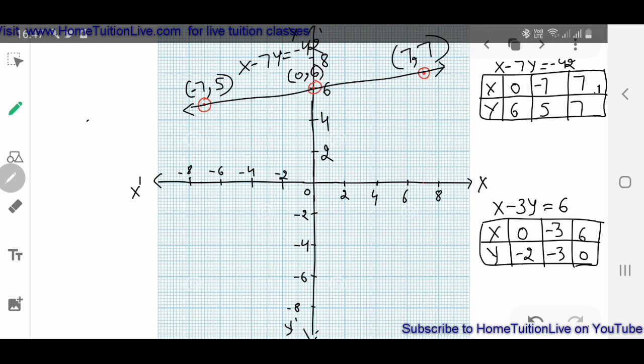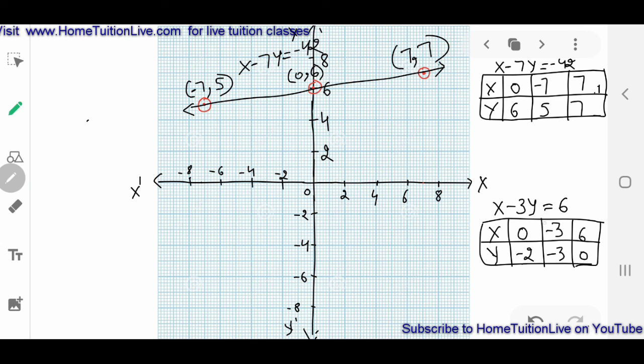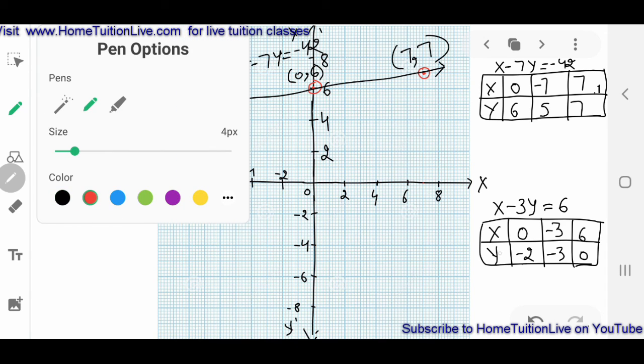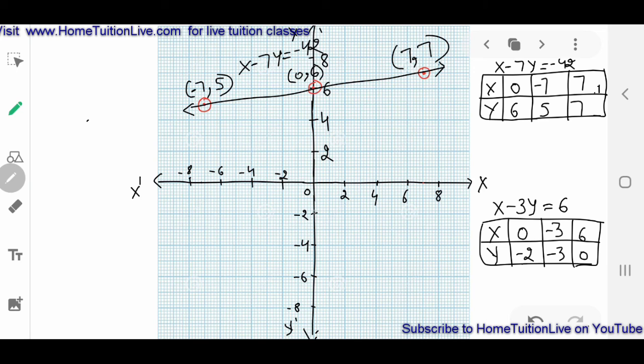Now the next equation is x minus 3y equals 6. Here x is 0, y is minus 2. This is the point. X is minus 3, y is minus 3. Next is x is 6, y is 0.